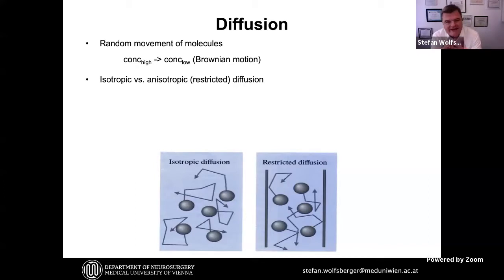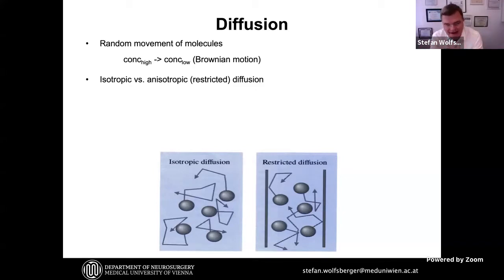And if we talk about DTI, it's always about anisotropy. Just to introduce this word, what it means is, if we have isotropic diffusion, as you can see in the left picture, the molecules can move in all directions at the same speed.